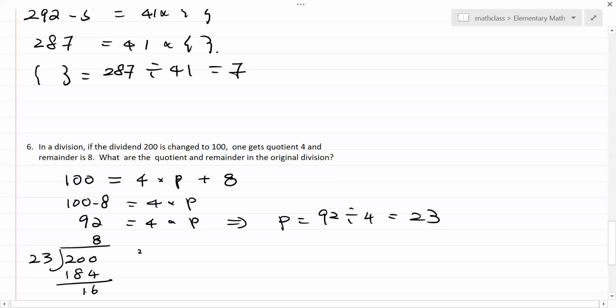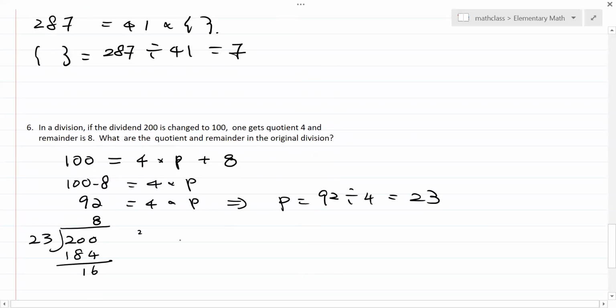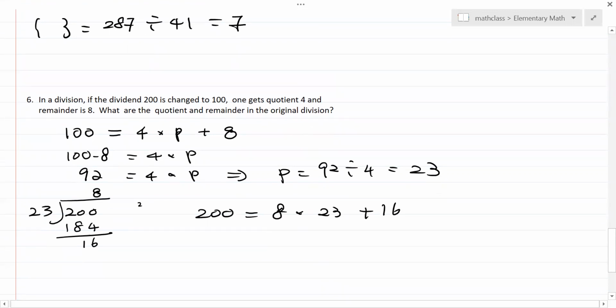So the answer, you can write it like this: 8 times 23 plus 16. This is the new quotient, the original quotient, and that is the original remainder.